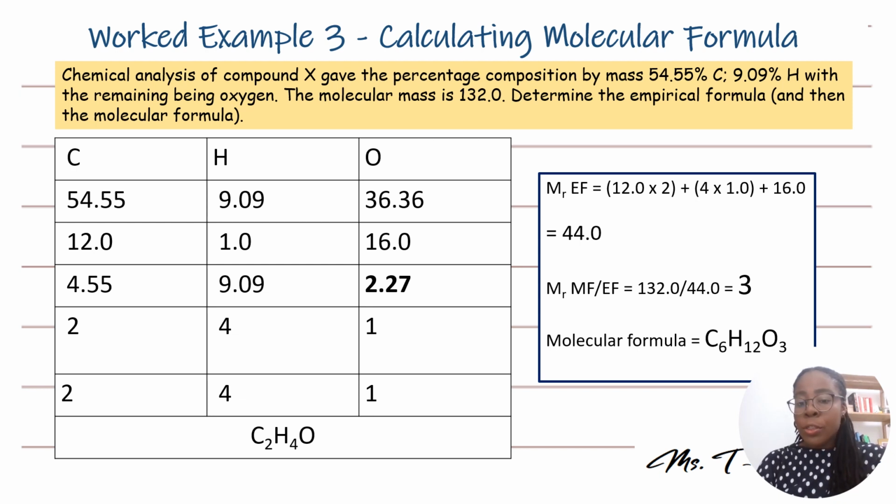So if we do 132 divided by 44, we see that gives us a value of 3. So our molecular formula must be 3 times as much as the empirical formula. So if the empirical formula is C2H4O, the molecular formula must be C6H12O3. So multiplying each of those values by 3, scaling up to get to the molecular formula.